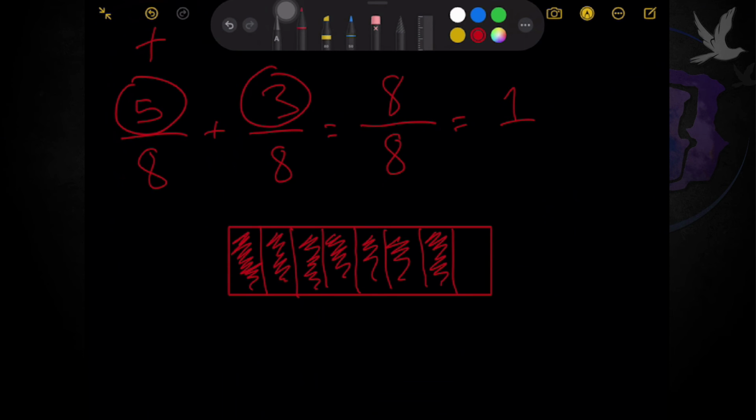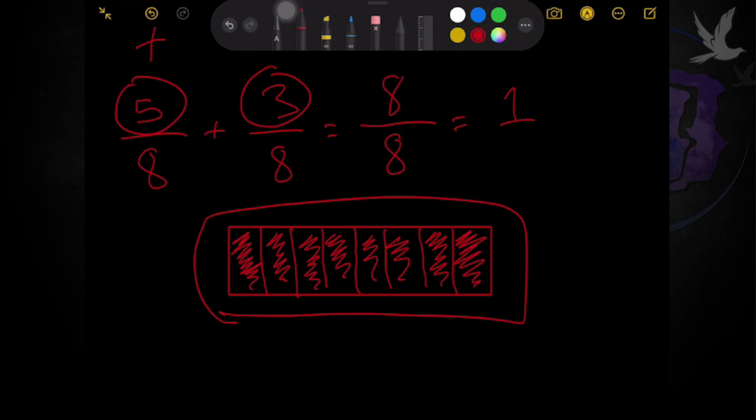Shade 1 more, you now have 7 over 8. Now, if you're going to shade the last part, it now represents the whole figure, the whole model, which is one whole.